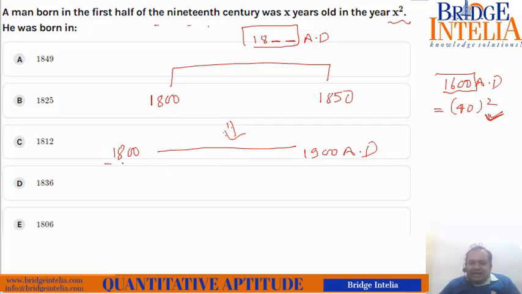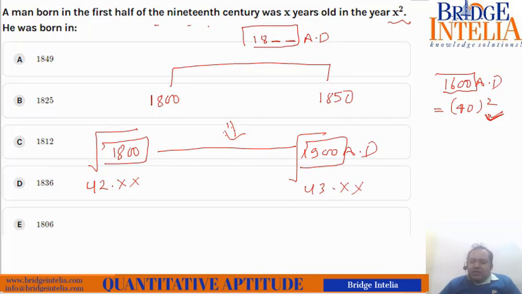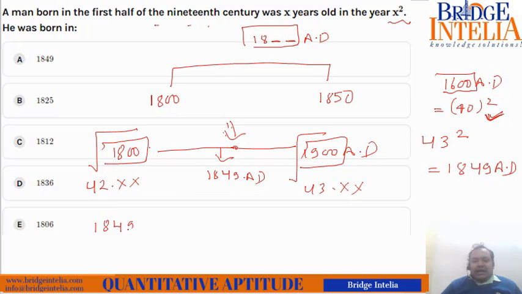But if you try to find the square root of these two numbers, this is 42 point something and this is 43 point something. So the only perfect square between these two numbers is 43 square, and 43 square is 1849 AD. So there is only one case that fits, 1849 AD is equal to 43 square.